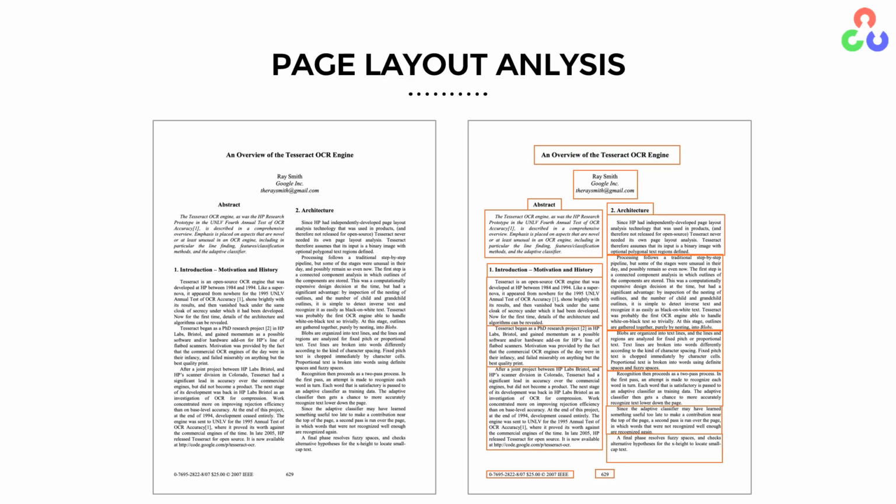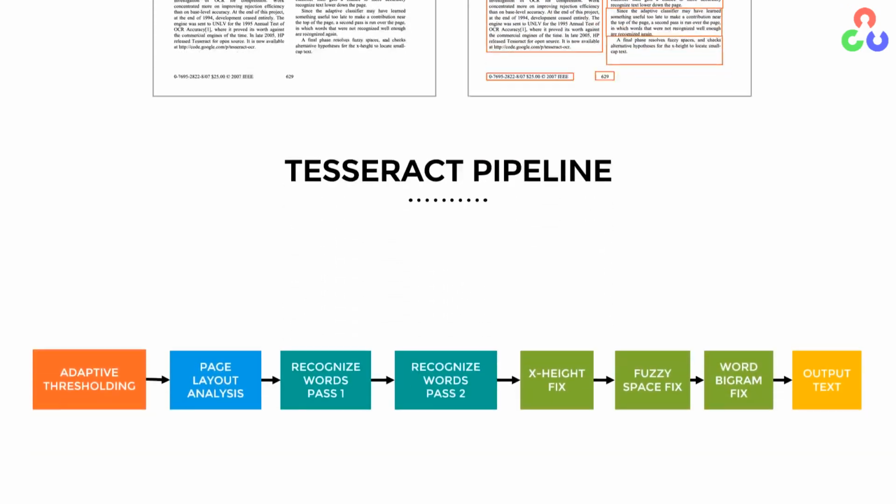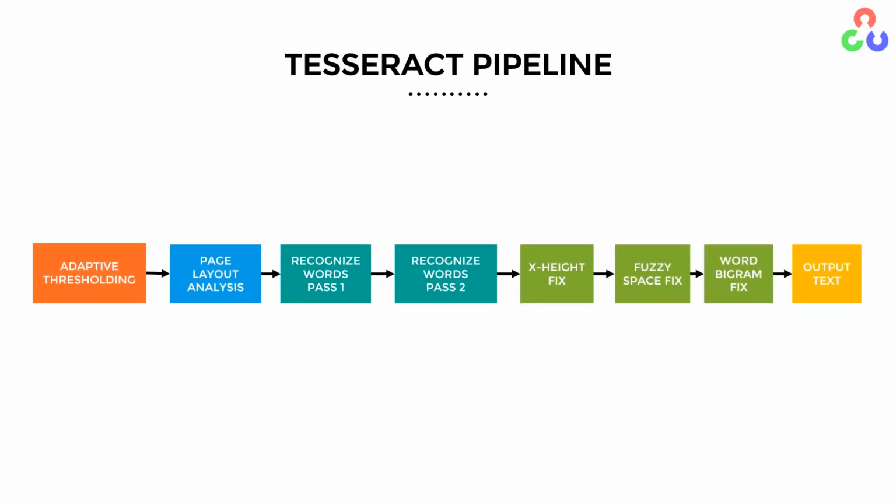Once the layout has been analyzed, it goes into the word recognizer. And there are two passes on the word recognizer. The reason is that when we make the first pass over the document, they have an adaptive learning mechanism which makes it better as it learns more and more from the top to the bottom.